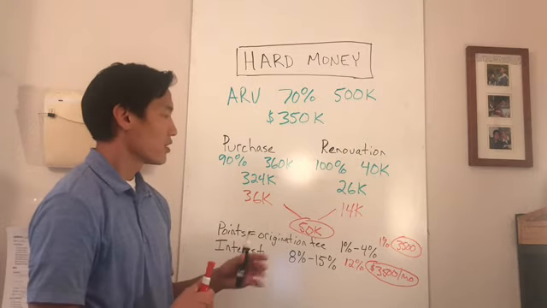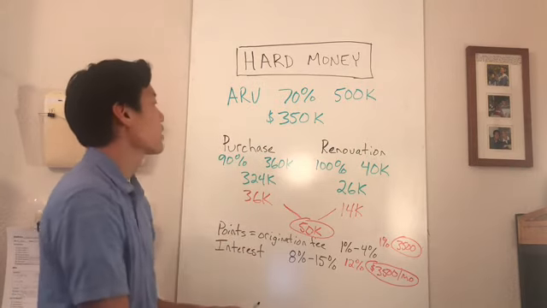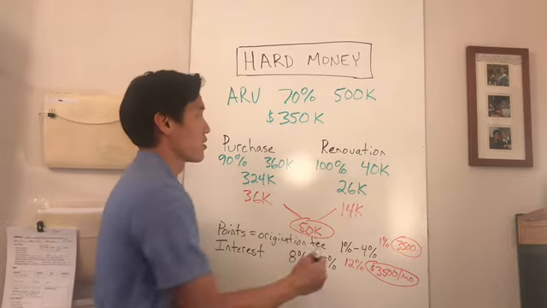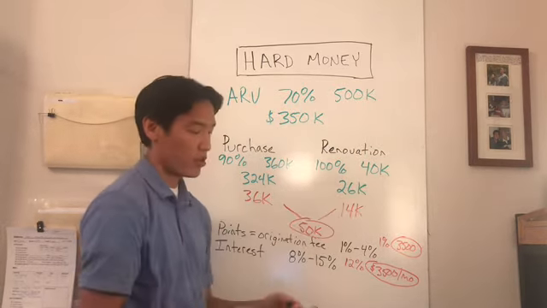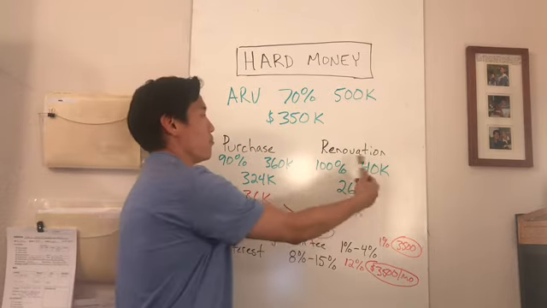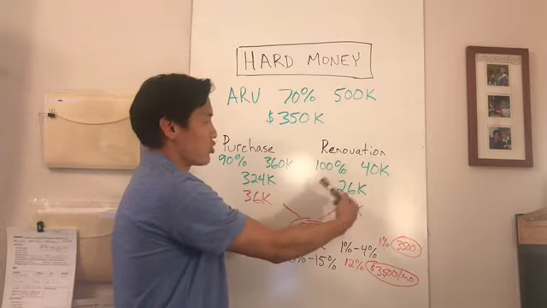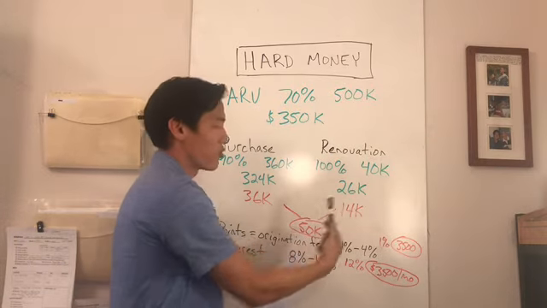Okay. So now that is terms. The other question that I like to ask hard money lenders is, how is the draw process on your renovation, on my renovation budget that you're going to give me? So in this case, they're going to be giving me $26,000, but I'm coming up with $14,000.